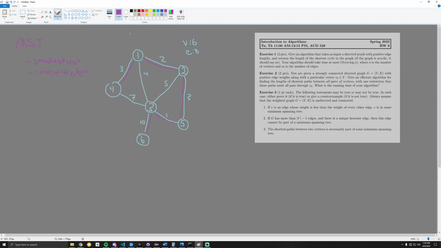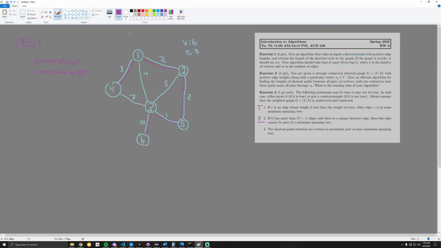So our minimum spanning tree would be this one here, and we have to have this line. So it's the unique heaviest edge, but we have no choice, and it is part of the smallest tree. So the second one is false. That is not true. We have this counterexample here.